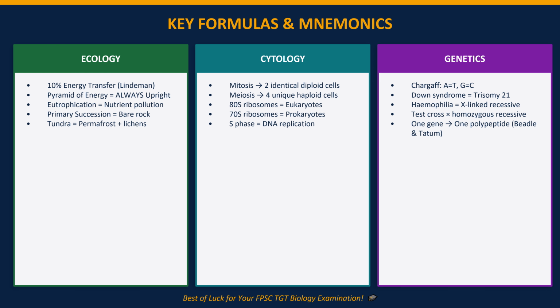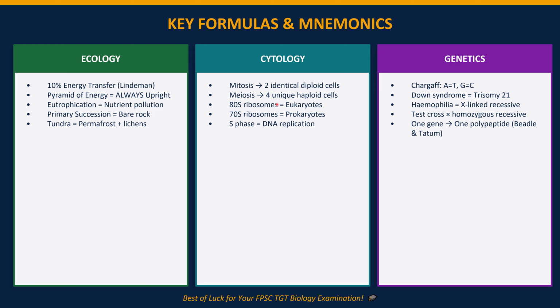At the end, here are some key formulas and mnemonics to memorize. Ecology: 10% energy transfer, Lindeman, pyramid of energy always upright, eutrophication, nutrient pollution, primary succession, bare rock, tundra is equal to permafrost plus lichens.